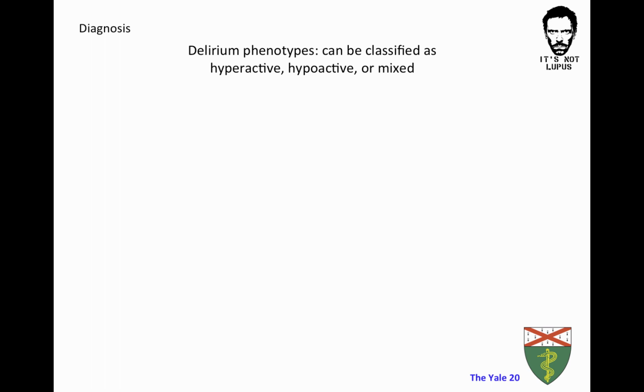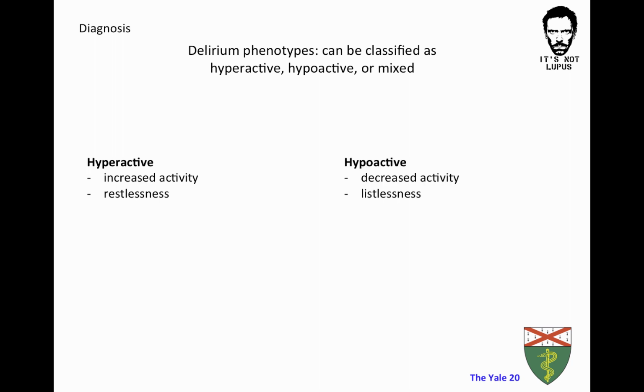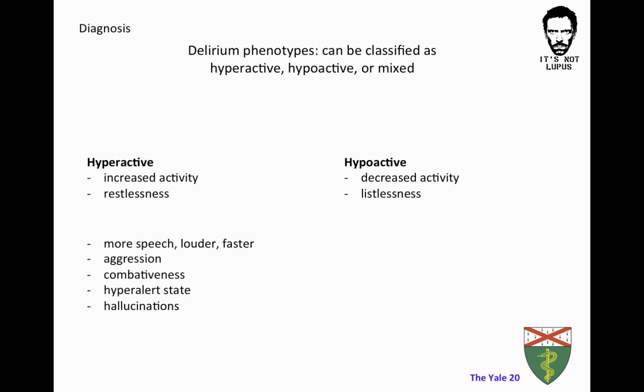Delirium phenotypes can be classified as hyperactive, hypoactive, or mixed. Essentially, delirium looks different depending on the patient and the underlying cause. These are differentiated by what you might imagine: increased activity and restlessness for hyperactive delirium, and for hypoactive delirium, decreased activity or listlessness. There are also non-motor symptoms.